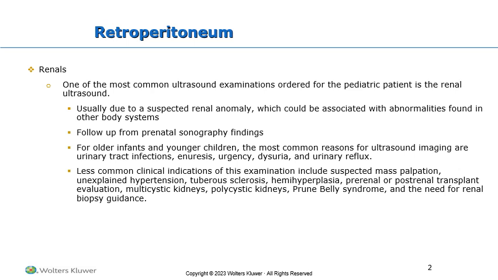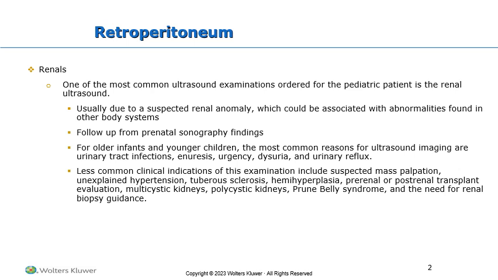For our older infants and younger children, the most common reason that we're going to be scanning these patients is usually due to recurrent urinary tract infections, painful urination or, excuse me, dysuria, frequency of urination, urgency of urination, and the suspicion of any urinary reflux, which we know puts these children at risk for kidney infections.